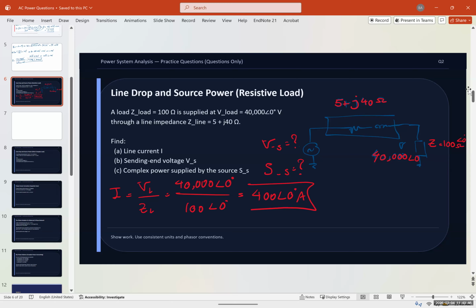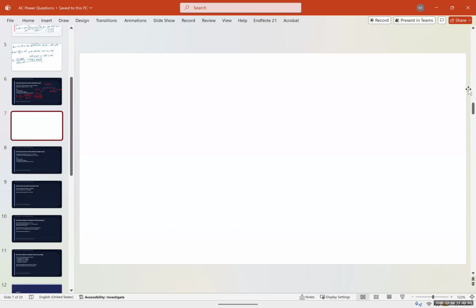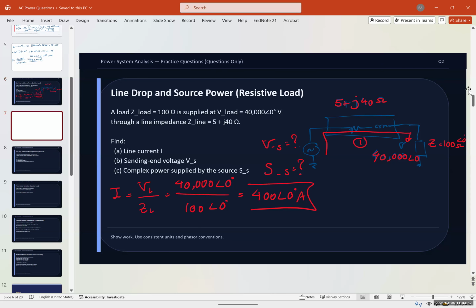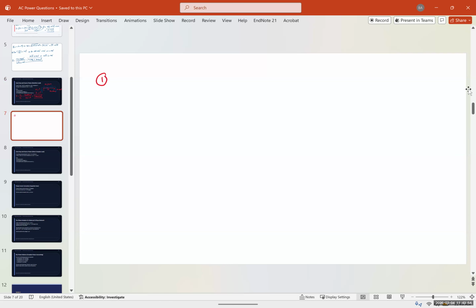Now for the second part, I can simply write a KVL, and I'm going to call it KVL number 1. For KVL number 1, Vs would be equal to V load plus I times Z of the line. And since all of them are in series, the I is the same in both of them.